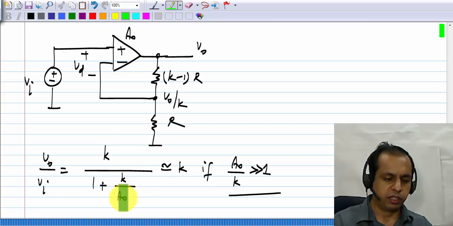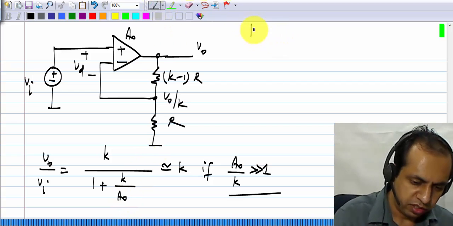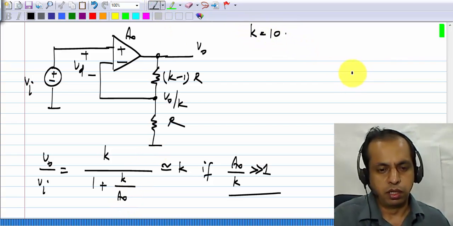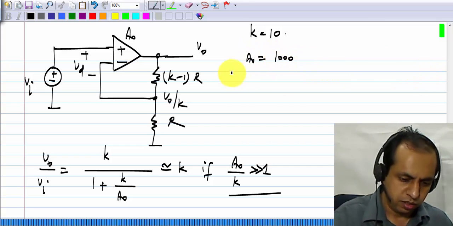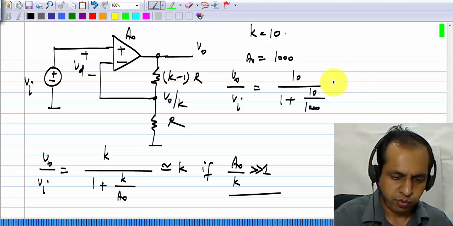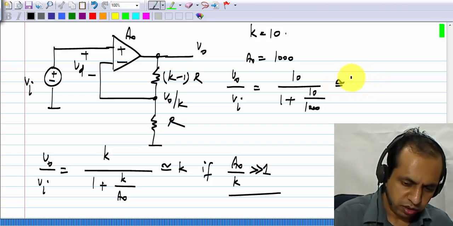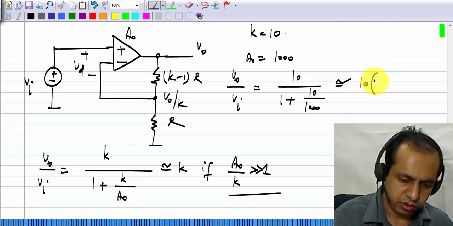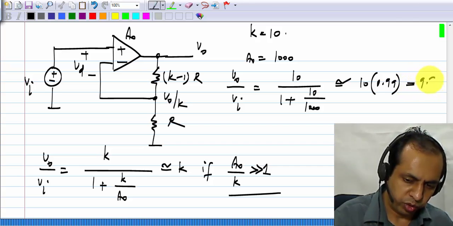But the important thing here is that even if A naught changes by some amount, let's take an example where K equals 10 and let's say A naught equals 1000, then V naught by Vi will be 10 divided by 1 plus 10 by 1000, which approximately is 10 times 0.99 or 9.9.